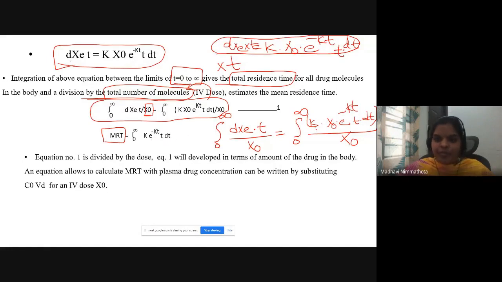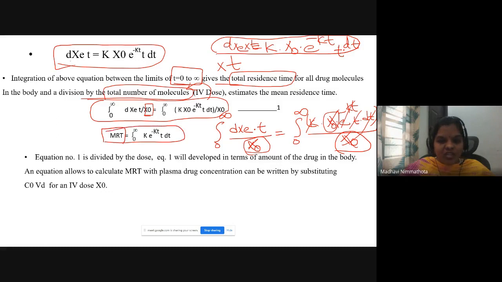Here we are ignoring X naught, so no X naught is there. Directly write k e to the power of minus kt into t into dt. You have to remove this X naught, then you can write it as the mean residence time of all the drug molecules.